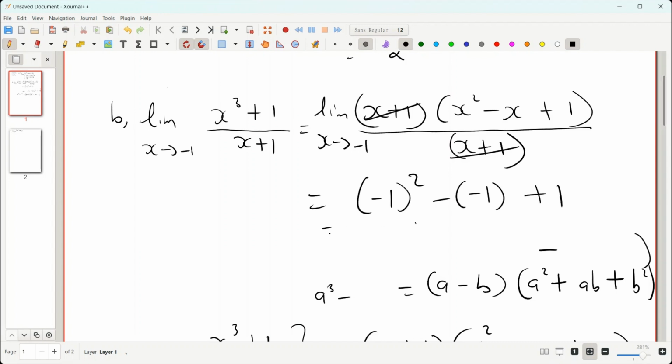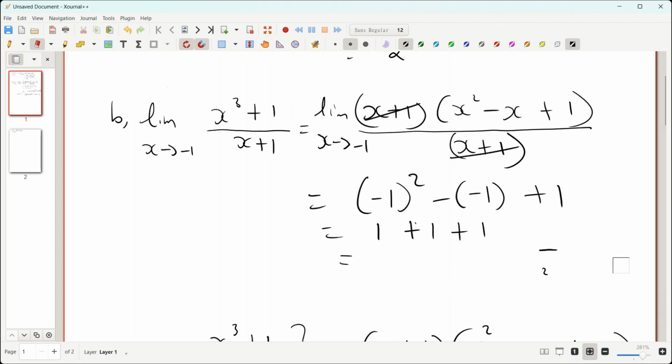So now we can compute and find what our answer will be. Negative 1 squared we know is 1, and then negative times negative we know is plus 1, and then plus 1. So 1 plus 1 plus 1 equals 3. So that's your final answer.